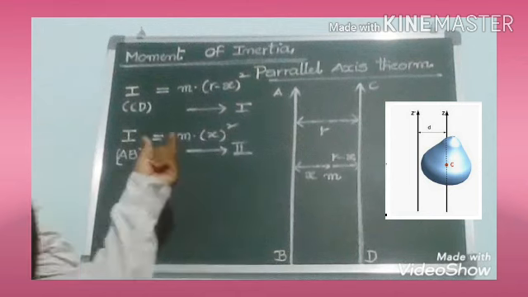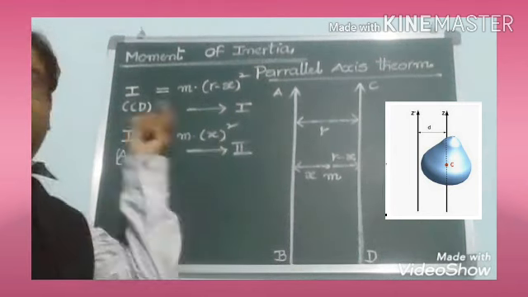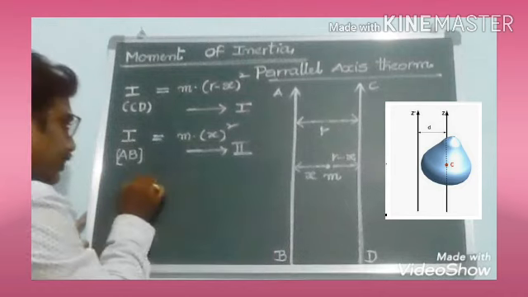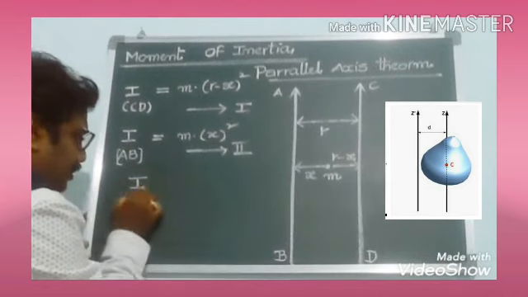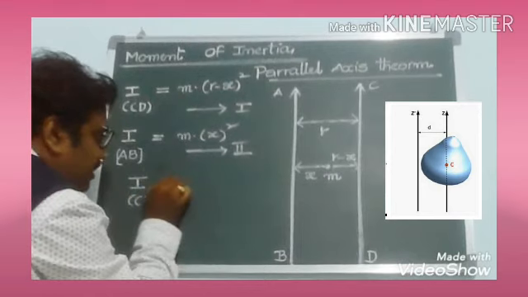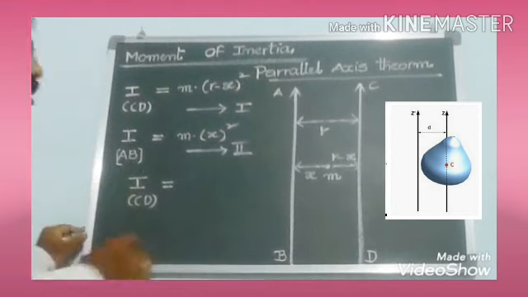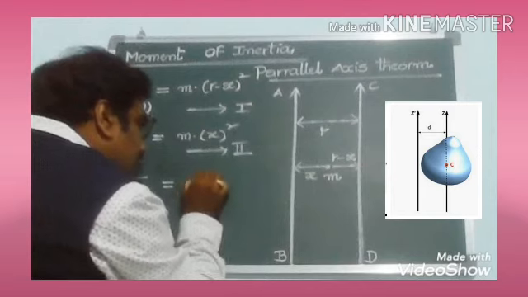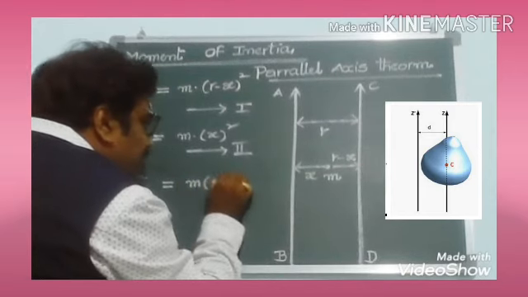Now take equation 1. Moment of inertia about the CD axis equals m into r minus x whole square.